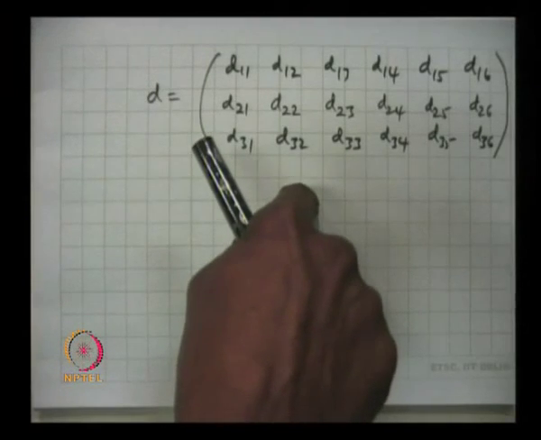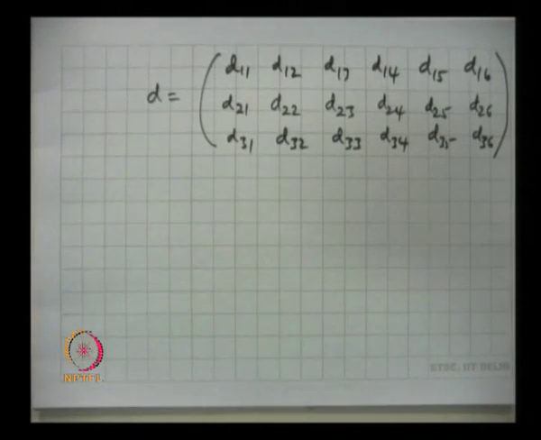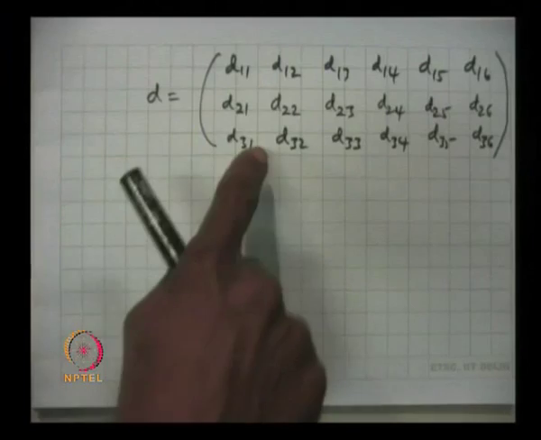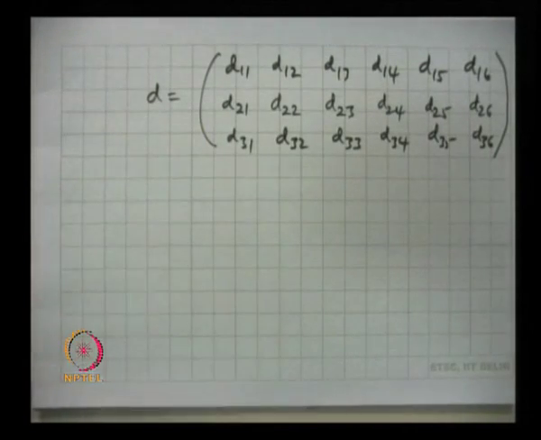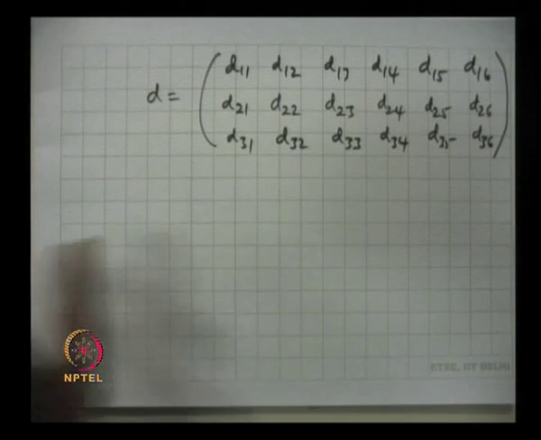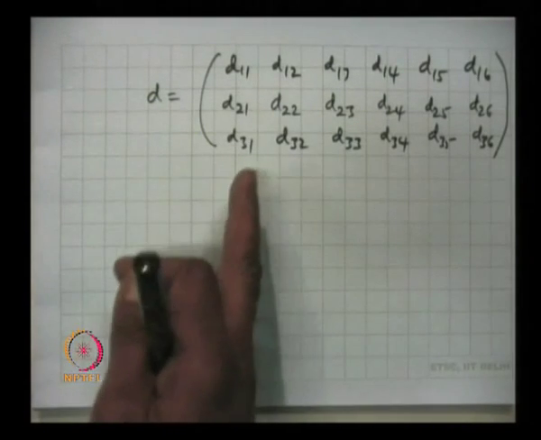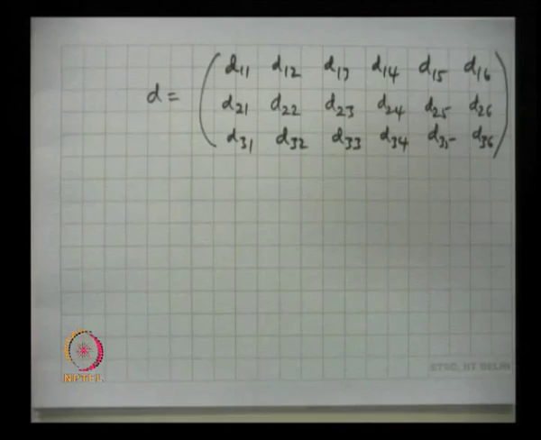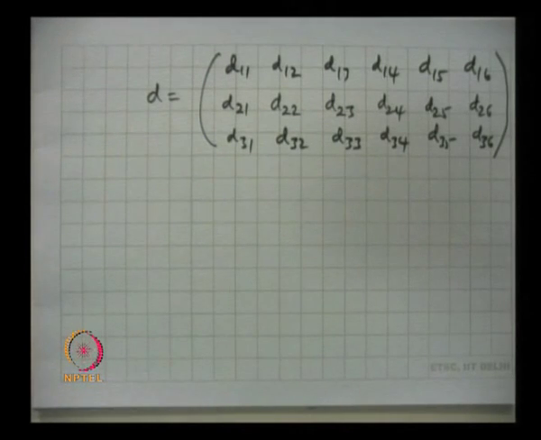If there is a mirror symmetry, that must be exhibited here. If there is a rotational symmetry by 90 degrees, that must be exhibited here. So, any symmetry will be exhibited here. So, for a medium I can find out which elements are 0, which elements are non-zero, which elements are equal to each other and so on. So, all crystals belonging to one class will have the same d matrix. The values may be different.